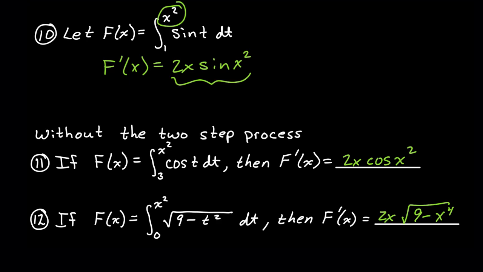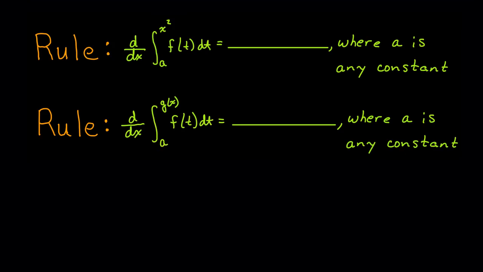It turns to 0. So let's think about a rule that we can apply now. The rule would be: the derivative from a constant up to x squared of f of t gives you the derivative of x squared, which is 2x, times the function evaluated at x squared, which simply means put x squared into your function.